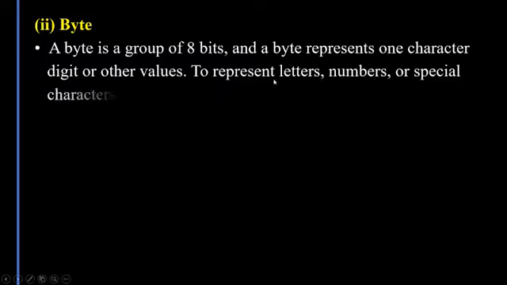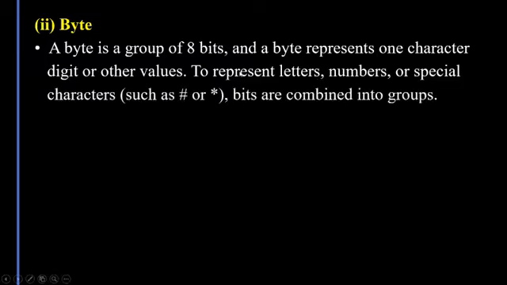So that's why I said to represent letters, numbers, or special characters such as hash or star, bits are combined into groups of 8 bits. That star you see, its space occupied within the computer storage or memory is the same as having 8 bits together.